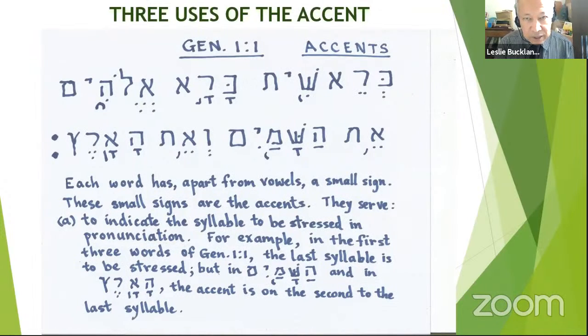I believe that the reason why they are shaped differently is that each of these marks is not only indicating where the syllable is to be stressed, and not only indicating punctuation marks in the sentence, but they're actually symbols of different musical notes.